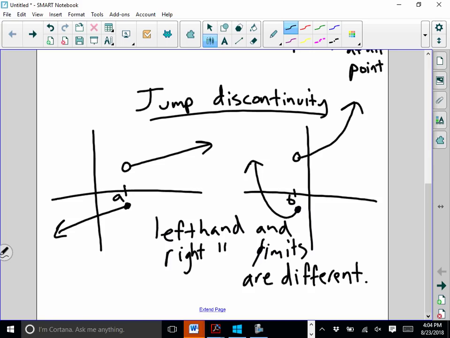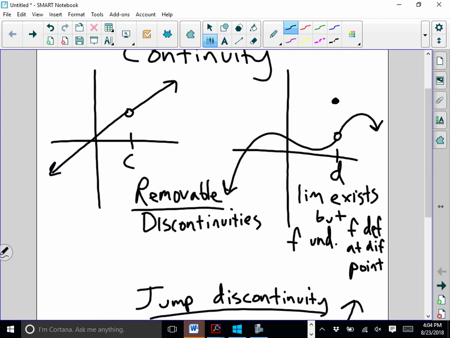However, if we look back to our removable discontinuity, we can see that the left-hand and right-hand limits are both the same, right? As we approach c and d from the left and right sides, they're approaching the same value, whereas in a jump discontinuity, they're not.